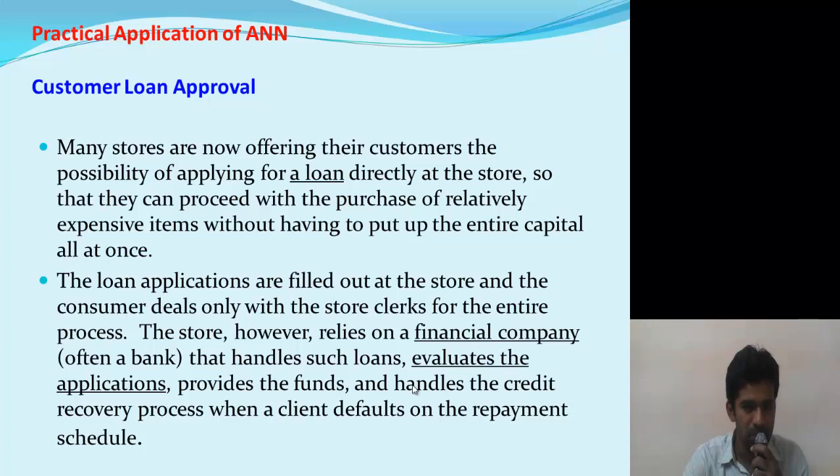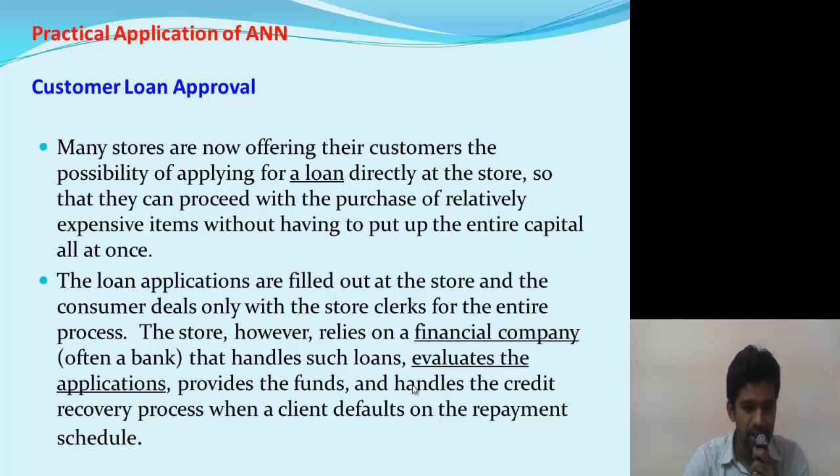Let us consider an example of customer loan approval, where the real-time application of neural networks is given. Many stores are offering their customers the possibility of applying for a loan directly at the store, so they can proceed with the purchase of relatively expensive items without having to put down the entire capital all at once.